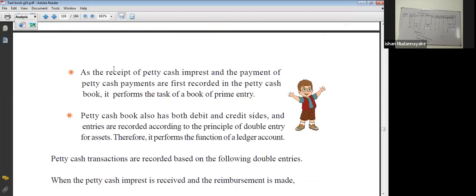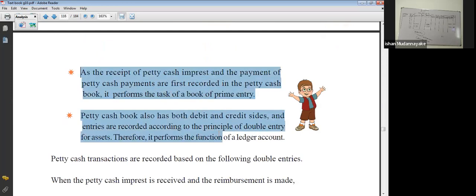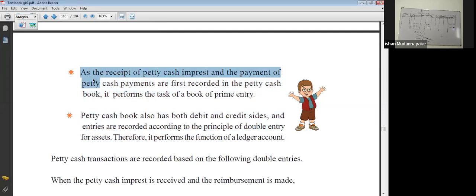Quickly, we will look at these two paragraphs and then we will finish the class for the day. Read this first para. As the receipt of petty cash and the payment of petty cash payments are first recorded in the petty cash book, it performs the task of a book of prime entry. Therefore, the petty cash book acts as a primary book.